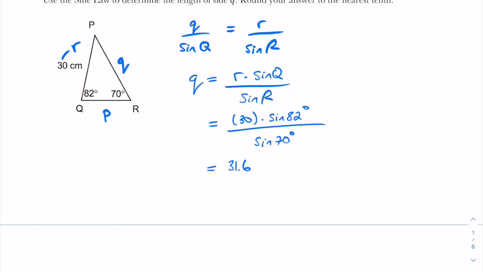Alright, and we'll wrap this up with a therefore statement. I'll always write the units in the final therefore statement just to avoid cluttering the equation.